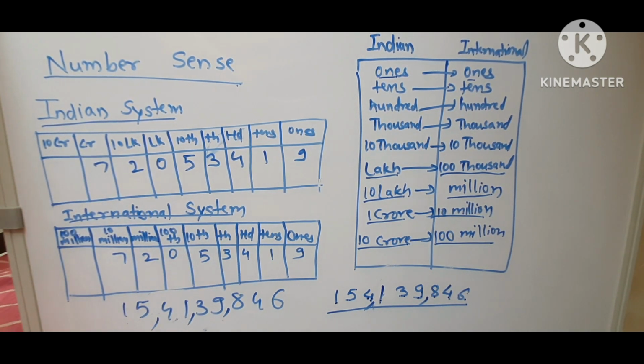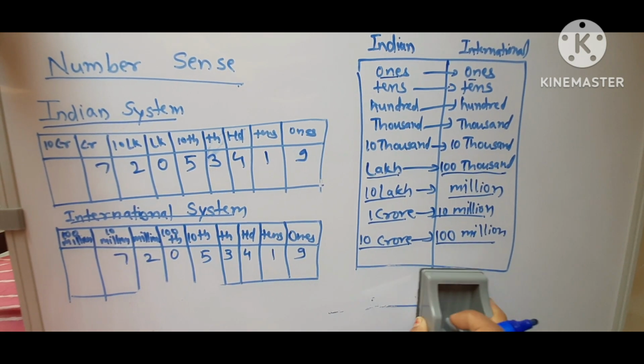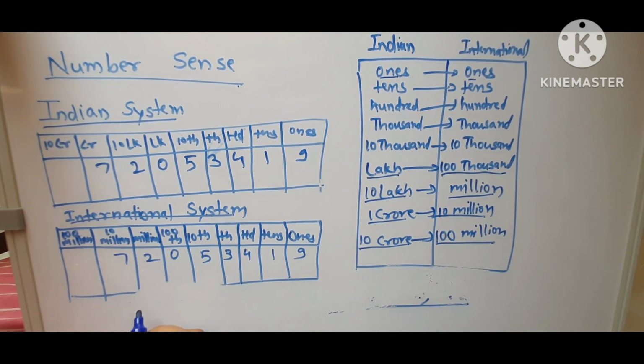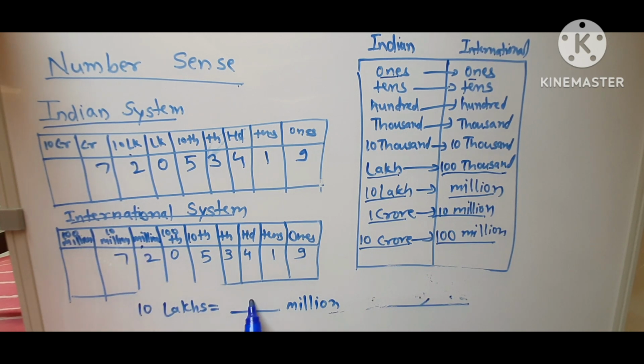Now I'll cover the next part. You could see questions related to this in the papers, in which they might ask you ten lakhs equals dash million. So we know when it is 10 lakh, it is 1 million.